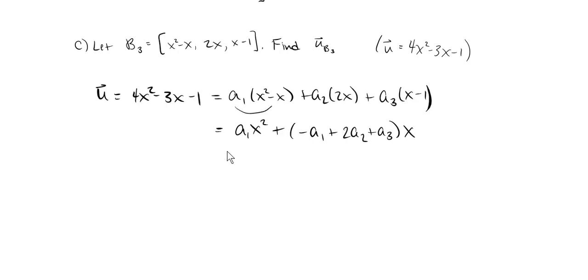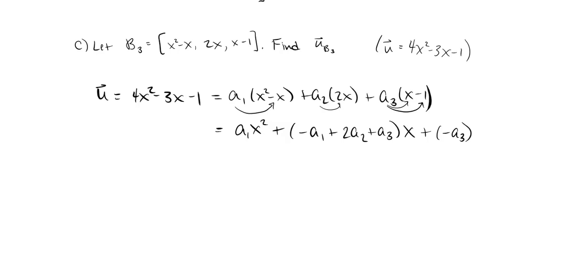Just multiplying, there's your negative a1, there's your 2a2, there's your a3. And the constants, let's gather up the constants. That's easy. We just have negative a3 for our constants from here. Everything else has an x. We've seen this process before, right? All of this stuff should be pretty familiar. Writing a given vector as a linear combination of other vectors. But we've seen how to do this.